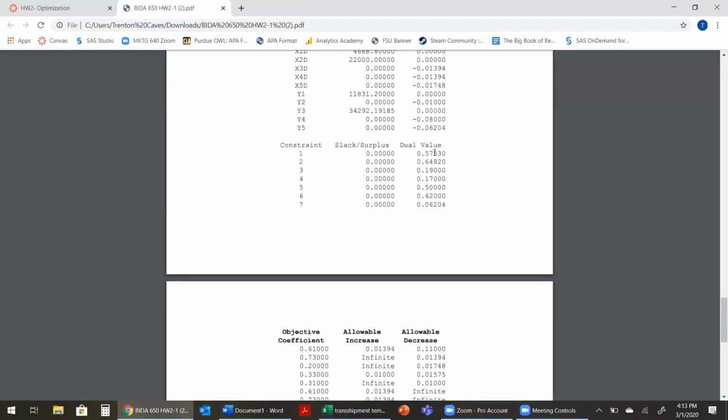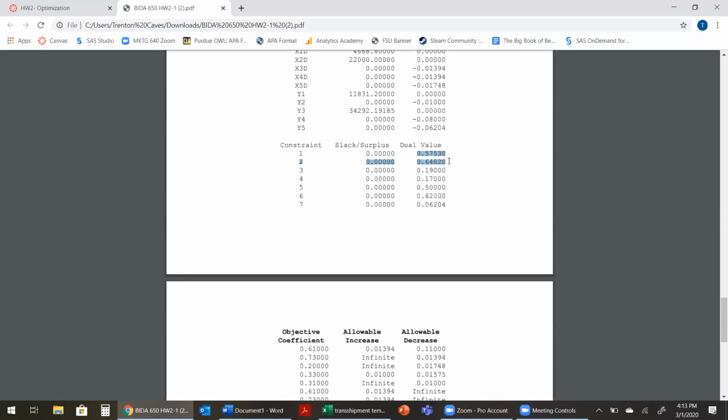So for one regular hour, we would have an increase of 57 cents. And for one increase in Adobe hours would be 0.64820. So go ahead and put all 5 digits after the decimal since that's what you're given.